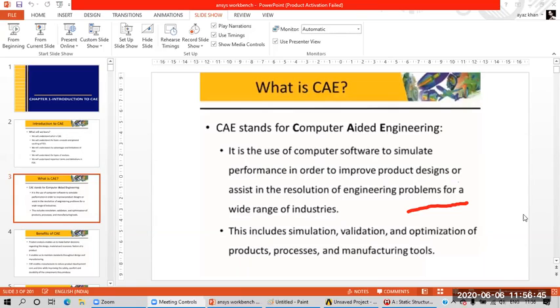And that result is not complete. In an analytical method, you get the exact result of anything. But in your numerical method, you get the approximation. It's not an exact result, but it is an approx result.